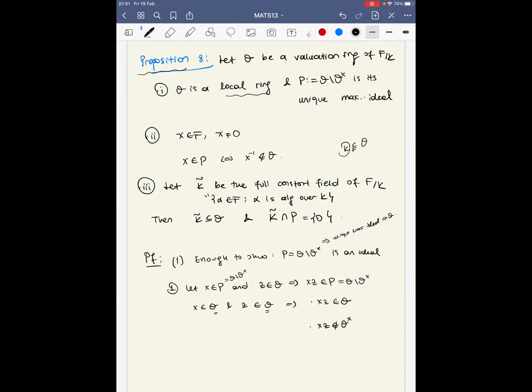We also need to check that this product is not a unit, because otherwise, if we suppose that it has a multiplicative inverse omega in O, we also obtain the multiplicative inverse of x as omega times z in O, and this gives us a contradiction because we chose x in P and it is not a unit.